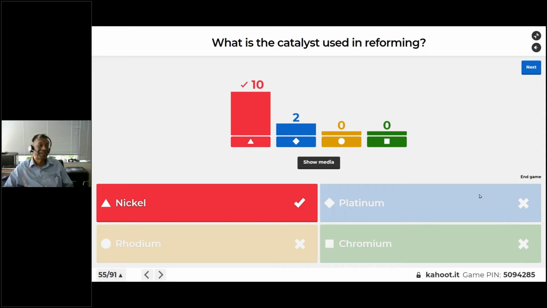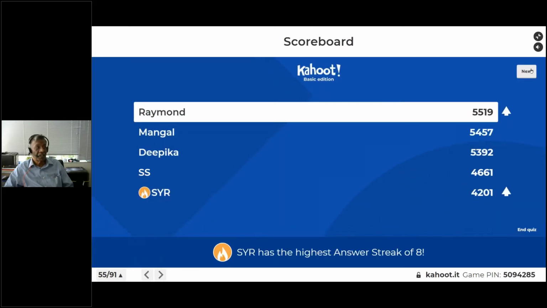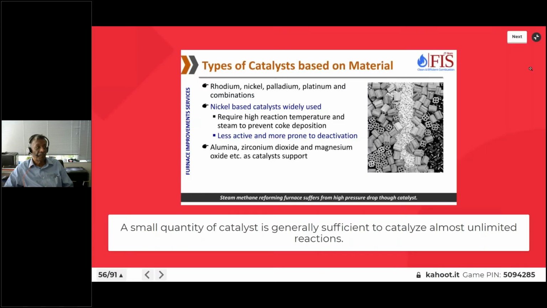It's a nickel catalyst. Yes, even though we can use platinum, rhodium, some of these catalysts, but nickel is the most common catalyst which is used in the steam methane reforming. So nickel-based catalyst, and the base is typically alumina or zirconium dioxide or magnesium dioxide. They are used as catalyst supports.